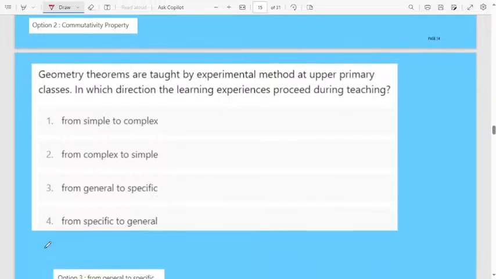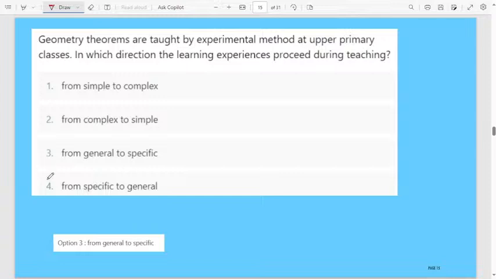From specific to general. What is the correct answer? From general to specific. In a geometry theorem, we consider the theorem first, from generalization to example, and then use the example to prove the geometrical theorems. So, from general to specific, only in the case of geometry theorems.